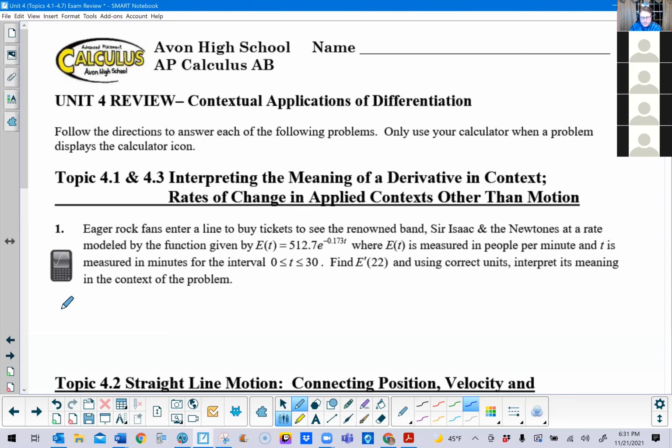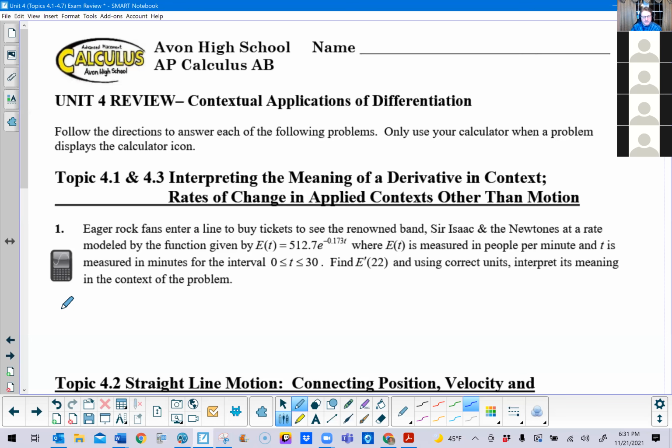E of t is measured in people per minute. t is measured in minutes, and the time interval for which this is active is 0 to 30 minutes. Maybe that's like the gates opened 30 minutes before the show. We want to find E prime of 22 and, using correct units, interpret its meaning in the context of the problem.